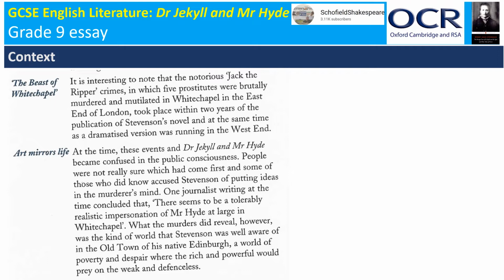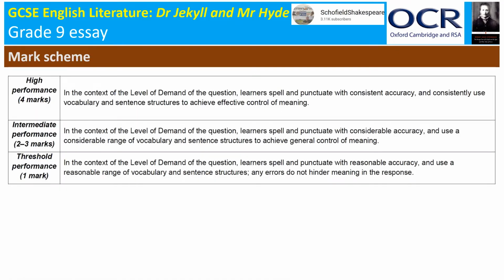Or you might reference some of the key historical events of the period, particularly those which relate to violence and concerns about violence. There are also full marks available for your spelling, punctuation and grammar, essentially the accuracy of your writing.